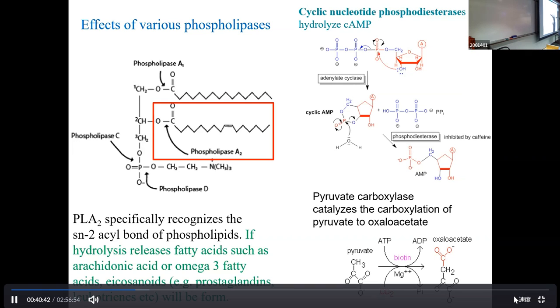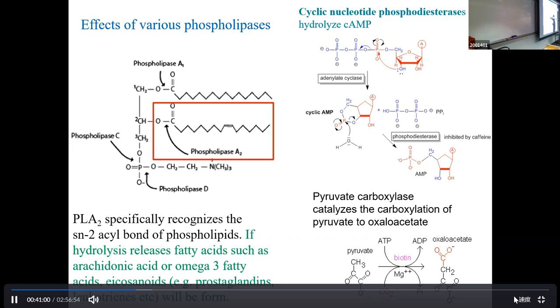But when the fatty acid is still esterified to the phospholipids, then they won't be converted to the eicosanoids. Only when they are free will they be acted on by different enzymes.